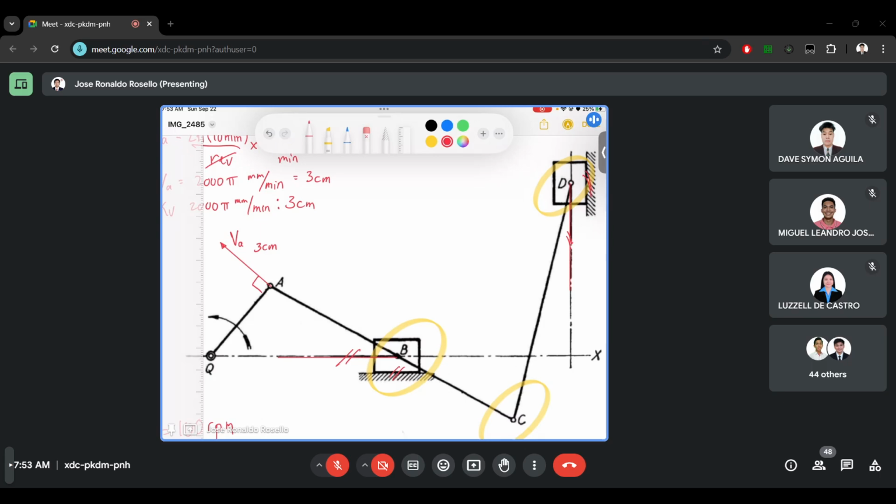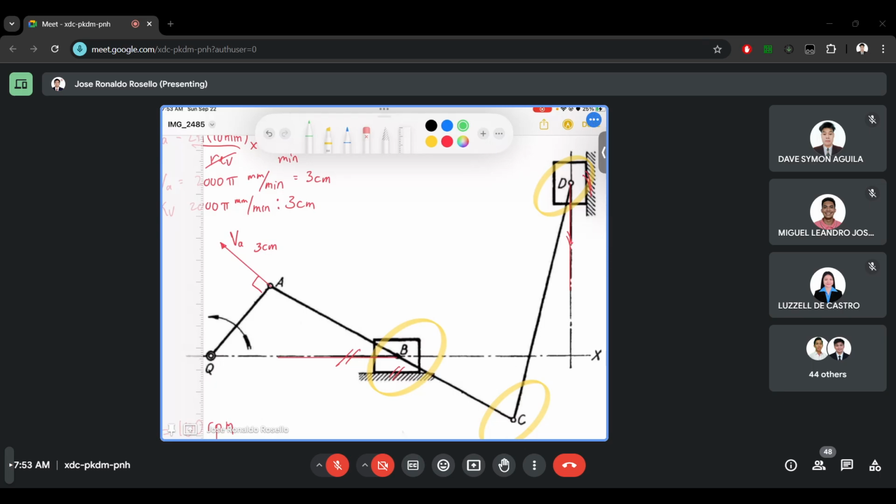What we will do now is make the reference line going to the instantaneous axis. So how do we do that? Two or more points on the same link have the same instantaneous axis.